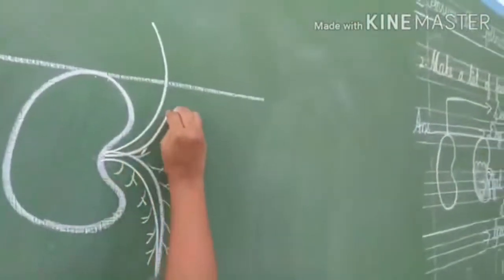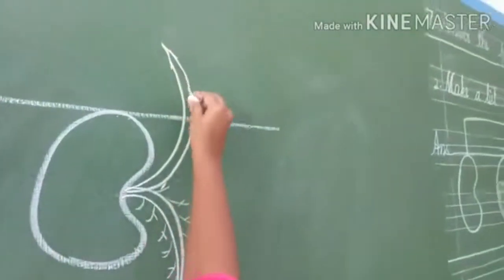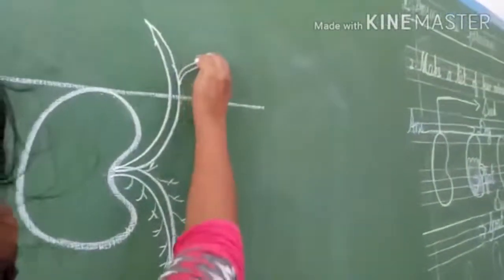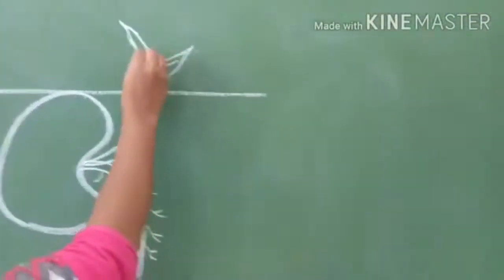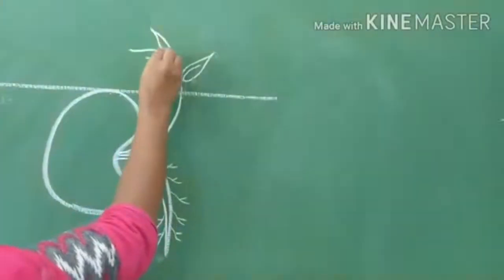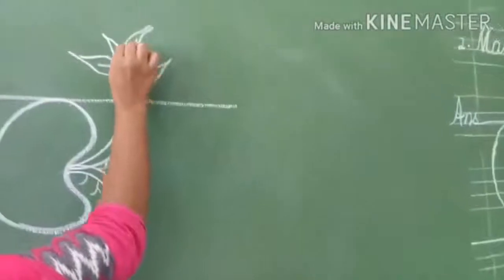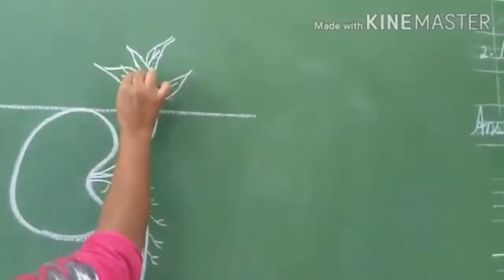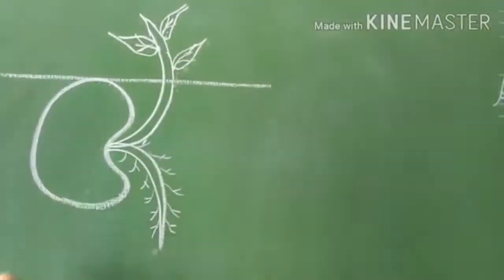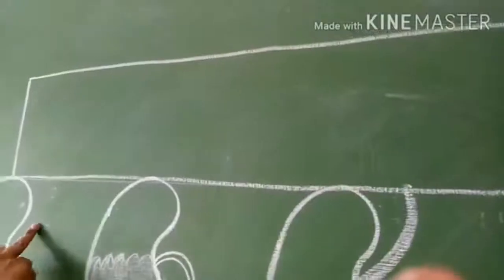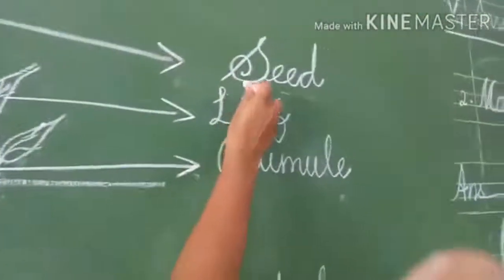An embryo should be out of the soil. And draw a leaf like this. Let's label the parts. What is this? This is seed.